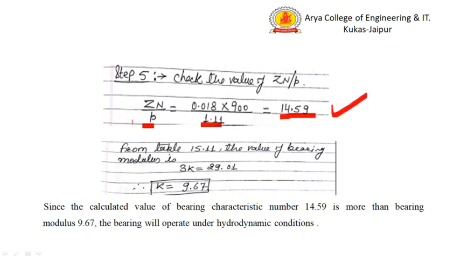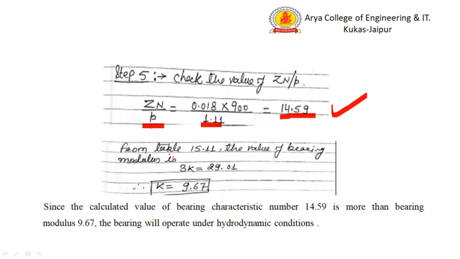Now we have to check this bearing characteristic number, because our bearing must be operated in the hydrodynamic condition. We have already discussed in previous video lectures that for this, the bearing characteristic number Zn by P must be greater than the bearing modulus.